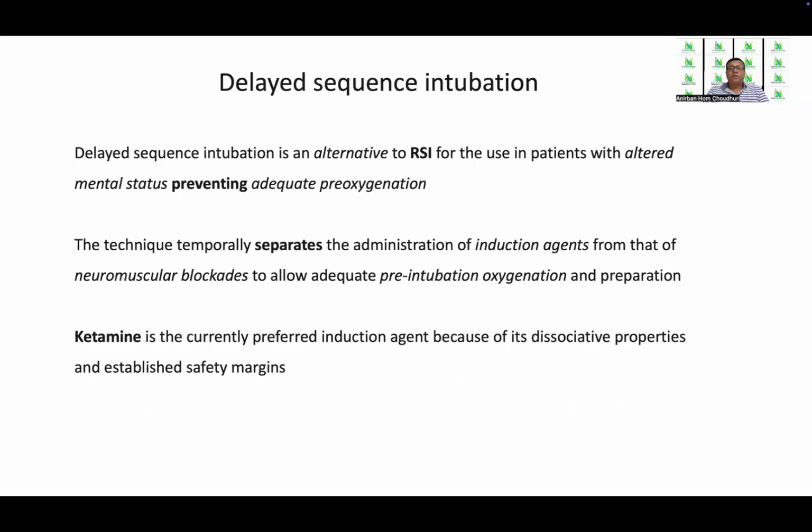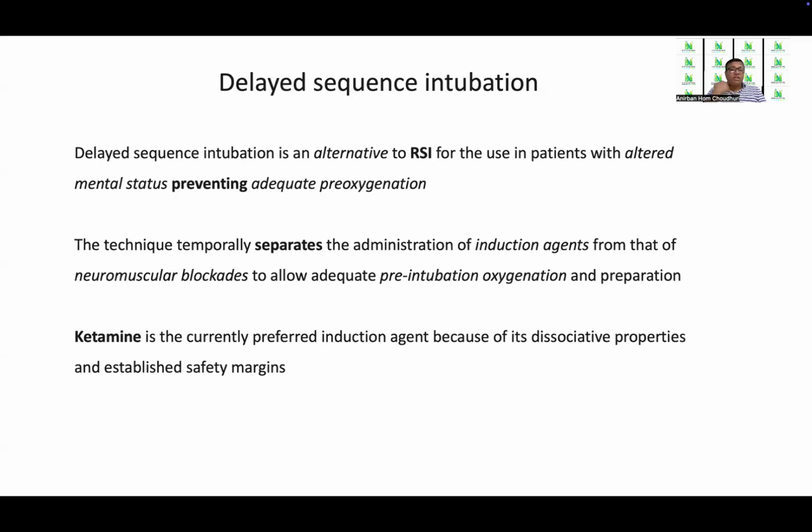But in patients with inadequate spontaneous ventilation, pre-oxygenation should be undertaken using gentle positive pressure ventilation with bag mask ventilation. Now, we have spoken about rapid sequence intubation. Now, there is something called delayed sequence intubation, which is an alternative to rapid sequence intubation and to be used in patients with altered mental status, which prevents adequate pre-oxygenation. This technique temporarily separates administration of induction agents from that of the neuromuscular blockade so as to allow pre-intubation oxygenation and preparation.